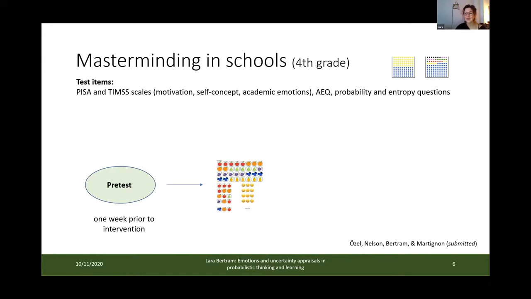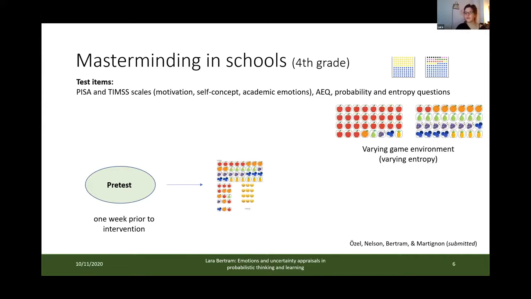Okay, then one group of students played Mastermind with varying game environments. So between rounds of the game, we varied the entropy of the probability distribution the code was drawn from. And we expected and hoped that students get access to or experience different entropy levels as different difficulties of the game.